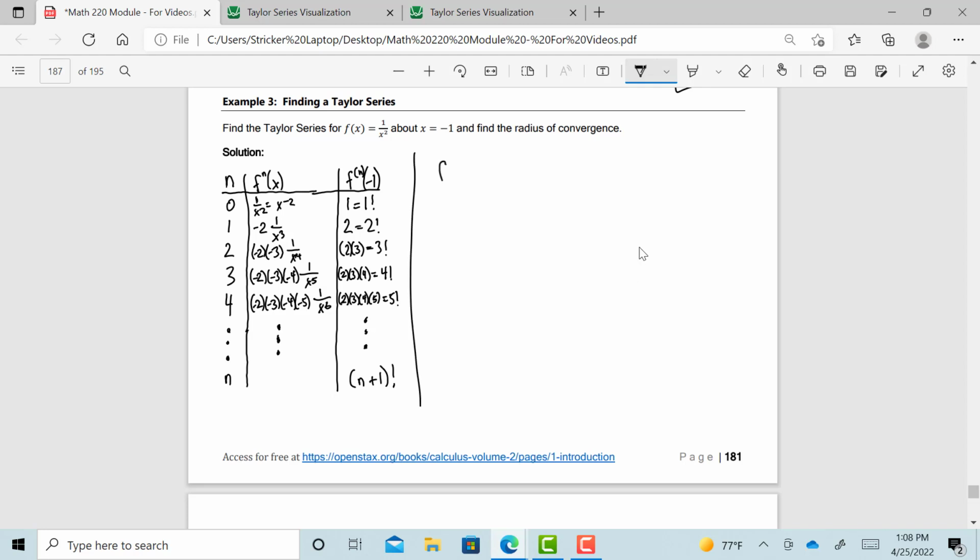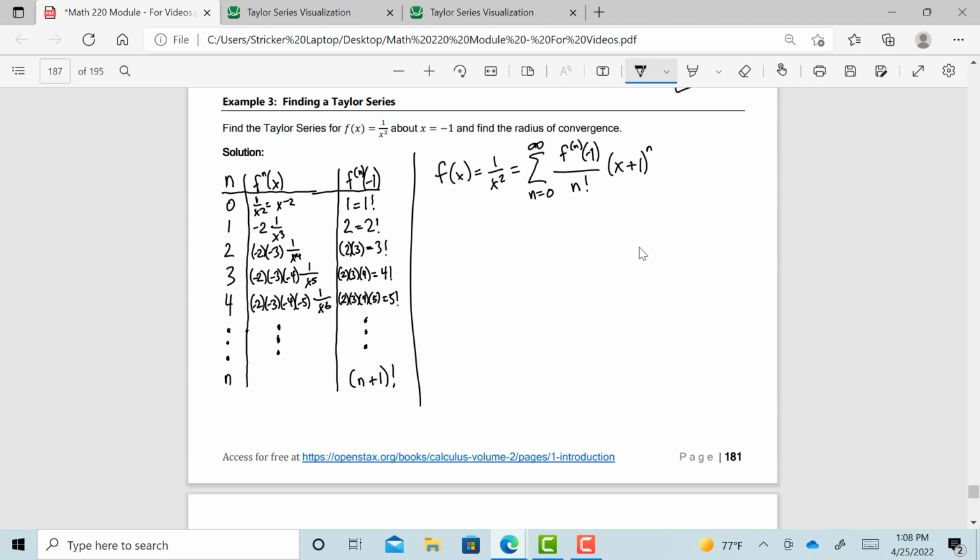So that tells us that in order to get our function 1 over x squared, we have a power series that's going to go from 0 to infinity, and it's going to be f of n, or the function and its derivatives, over n factorial times x minus a, but in this case that's -1, so it's x plus 1 to the n.